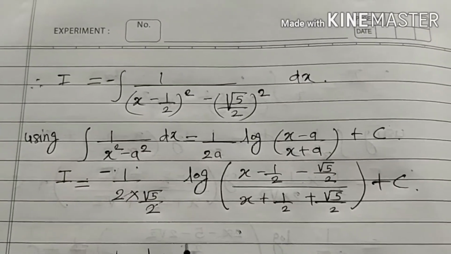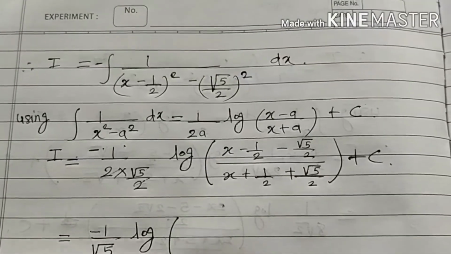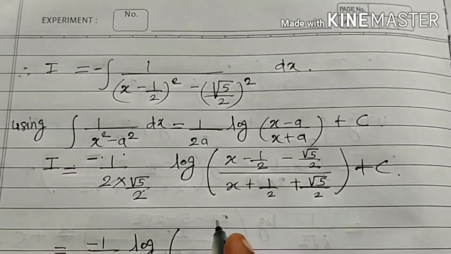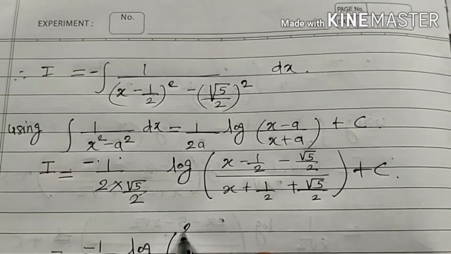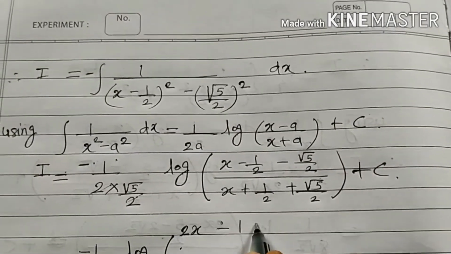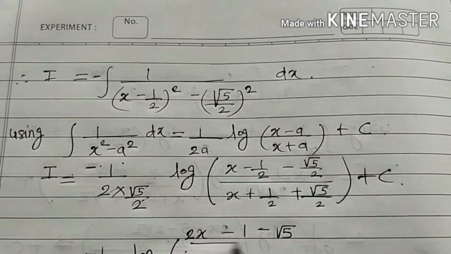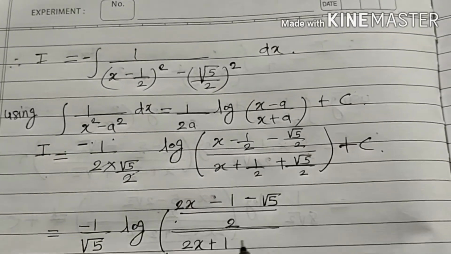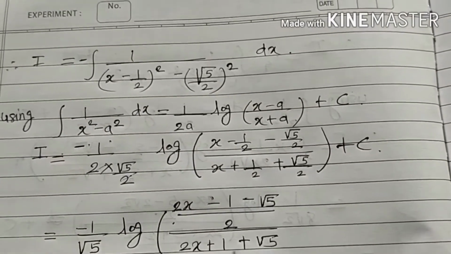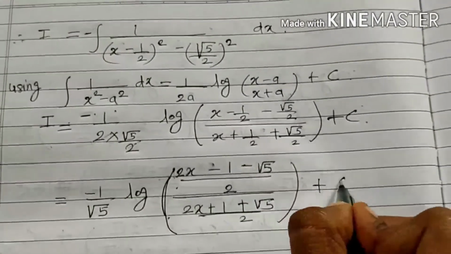log of (2x minus 1 minus root 5) upon 2, upon (2x plus 1 plus root 5) upon 2, plus c.